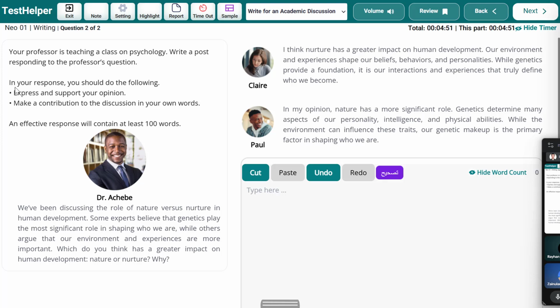Here we have to do these two things as I showed you in the slide. First, express and support your opinion. Second, make a contribution to the discussion in your own words. An effective response is 100 words. It's the ETS rubric, but for a high scoring response, we have to write more than that because it says at least 100 words, at least.